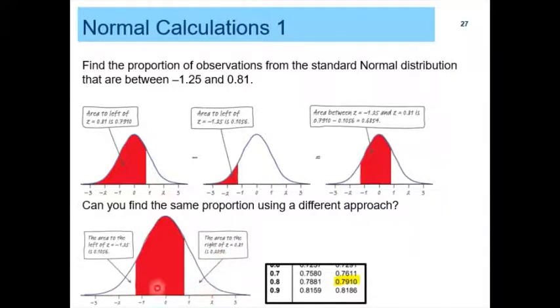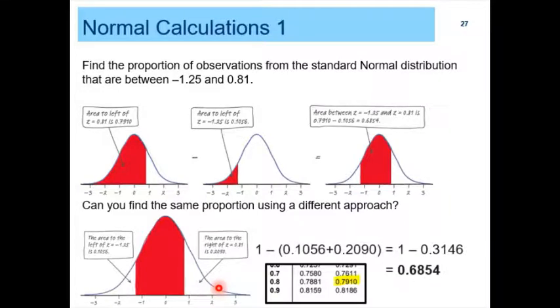So then what we can do, we will subtract it from 1. So 1 minus 0.1056, and this area we are not taking into consideration is plus 0.2090, that would be equal to 0.6854.